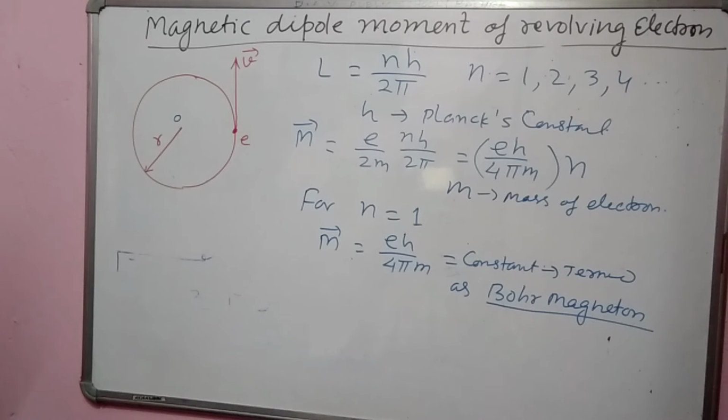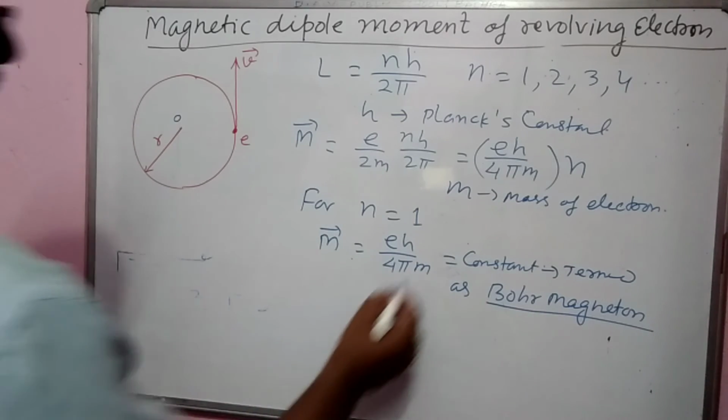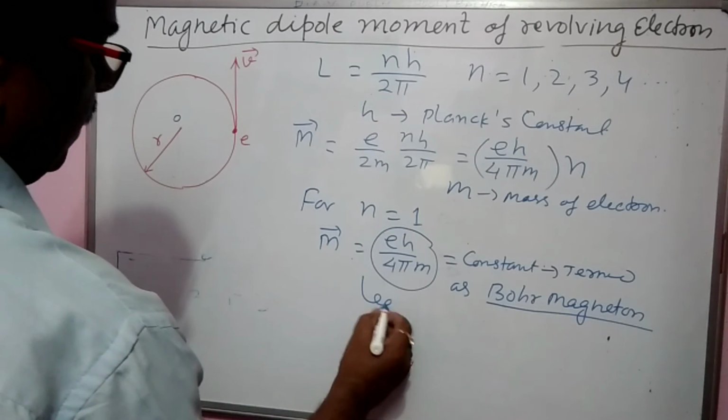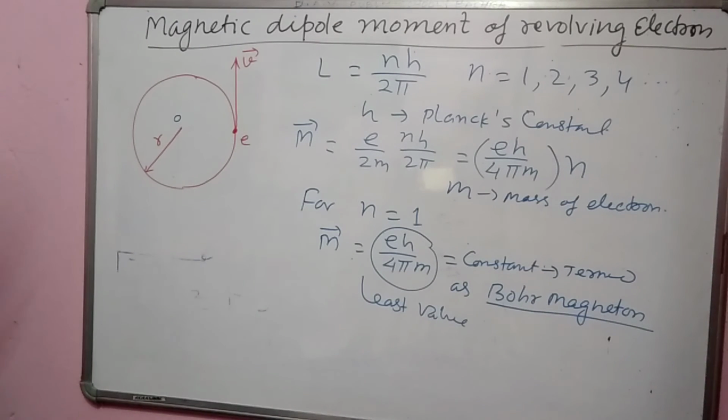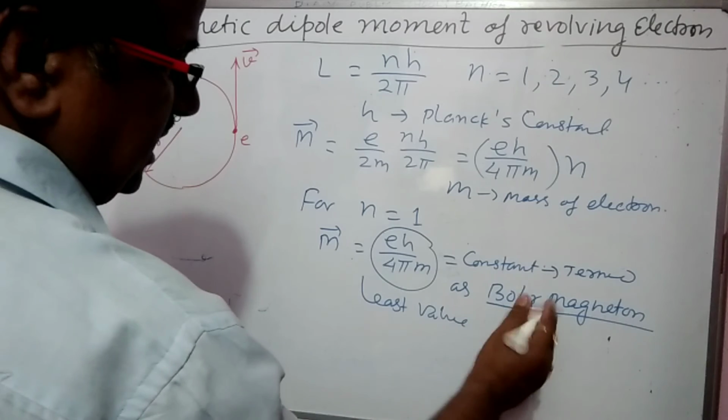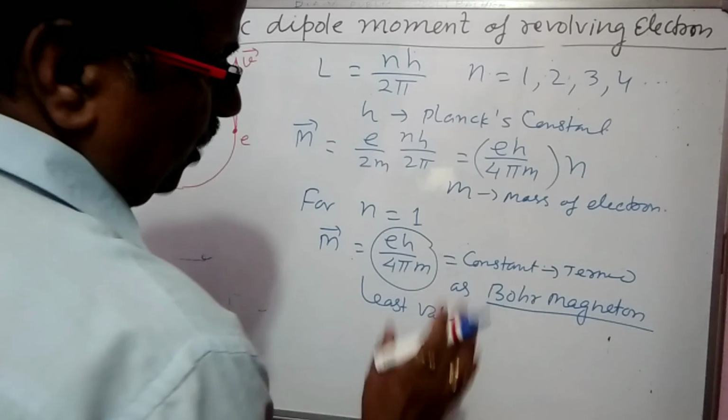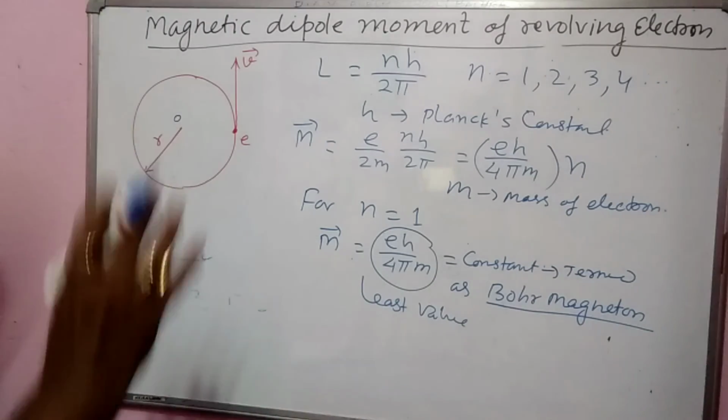Bohr magneton is defined as the magnetic dipole moment of the electron in the first orbit of hydrogen atom, and it is the least value. Bohr magneton is the least value, and therefore it is also called the natural unit, as it is constant and it is the magnetic dipole moment of the electron revolving in the first orbit.